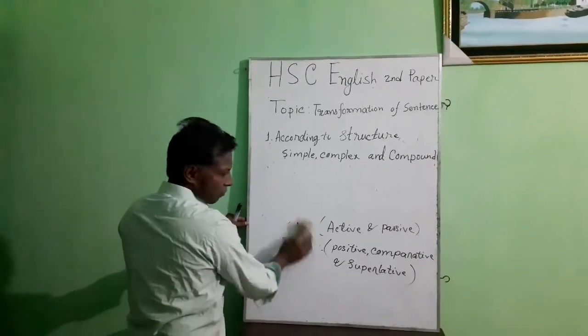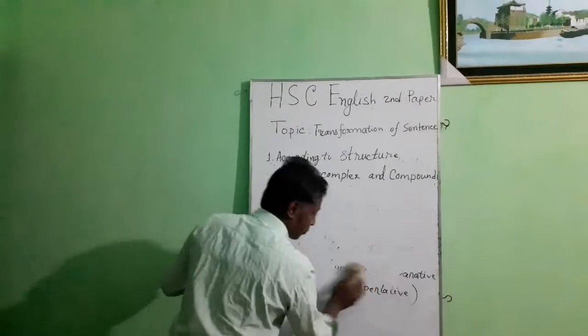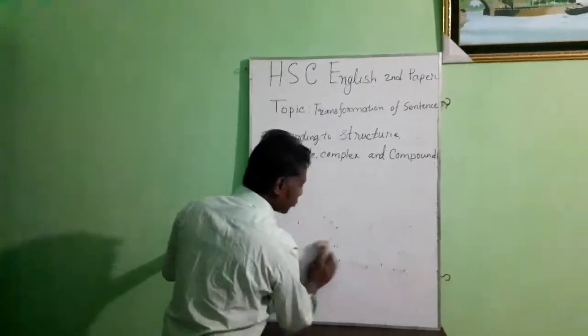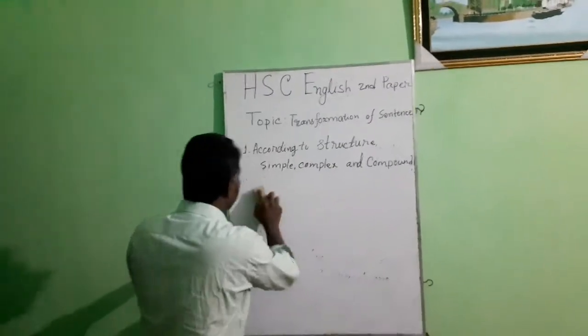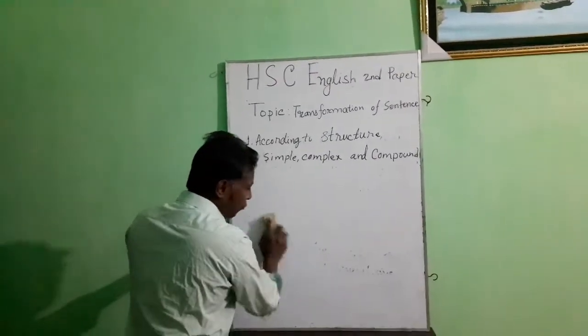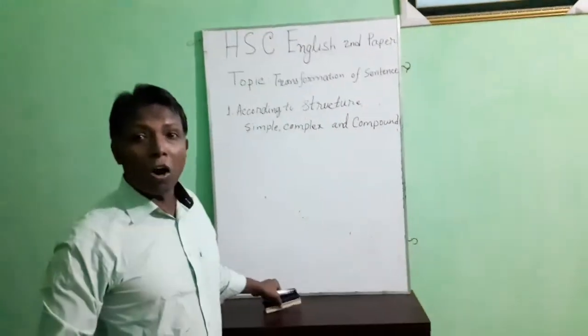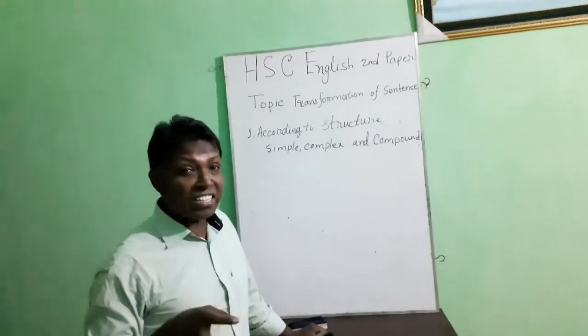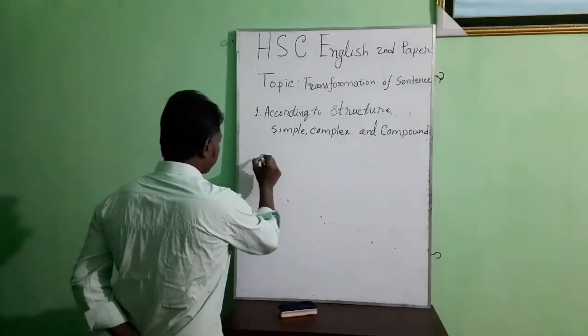Or clearly speaking, it will have one subject and one finite verb. So, dear students, you should have a basic knowledge about finite verb, because without finite verb you cannot create any simple sentence.